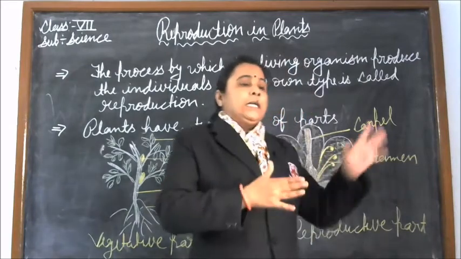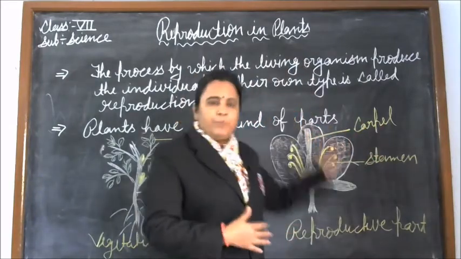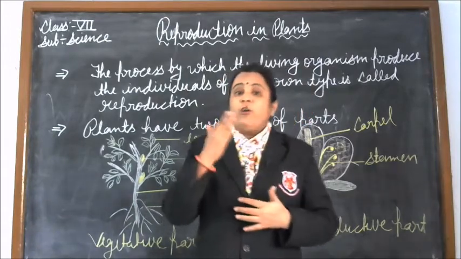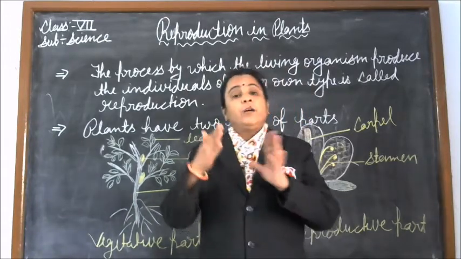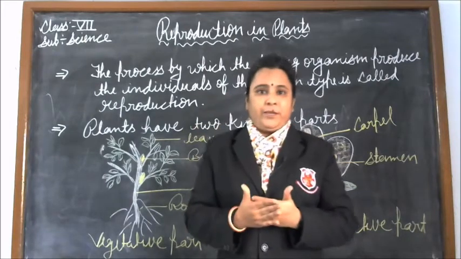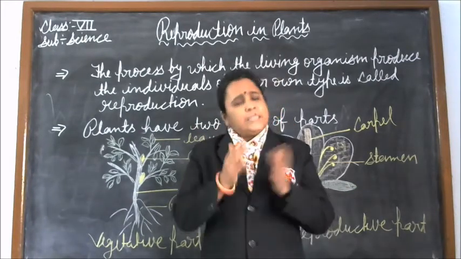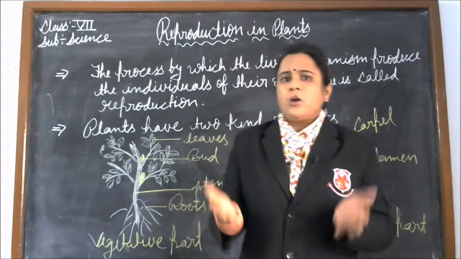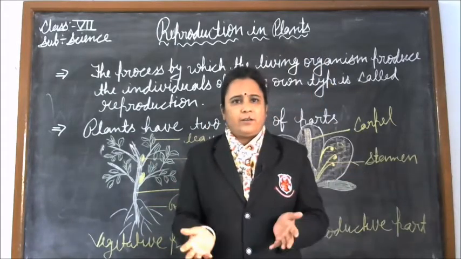So reproduction ensures the continuity of life, of the species of human beings on the earth. Similarly, this process occurs in cat, dog, cow, etc.